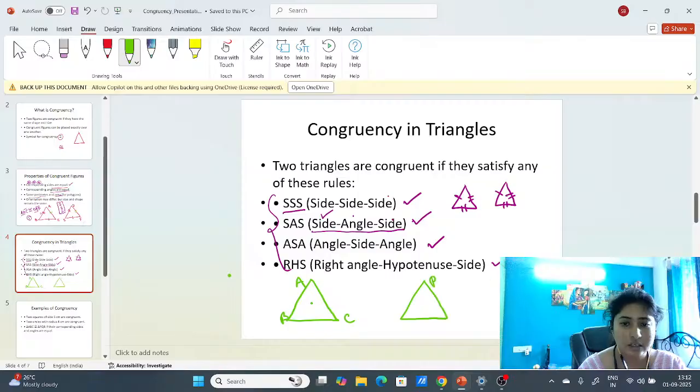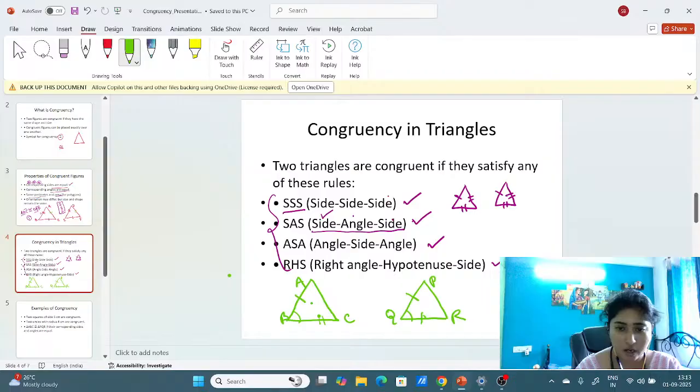P, this one is Q, this one is R. Now suppose AB is equal to PQ, and angle B is equal to angle Q, and suppose side BC is equal to side QR.